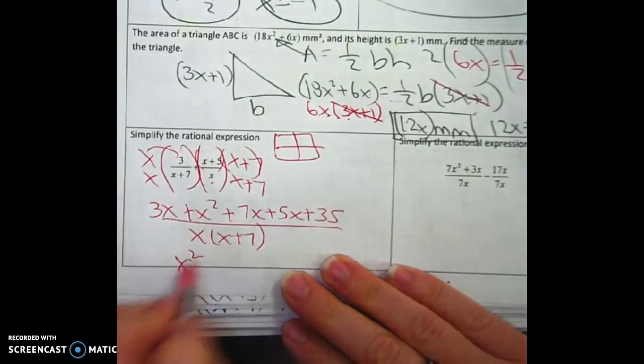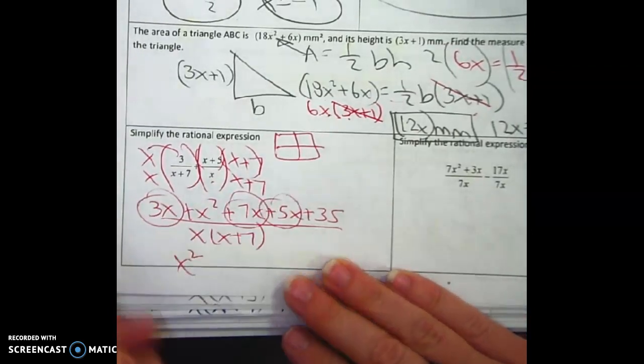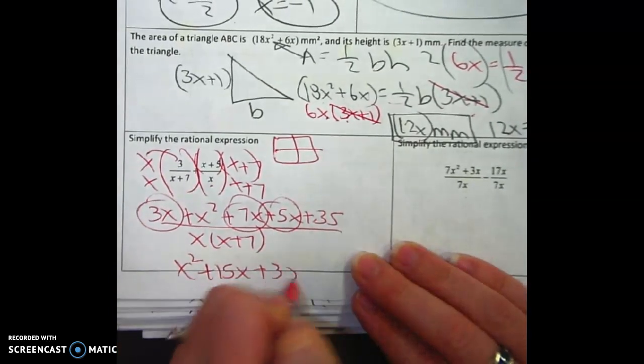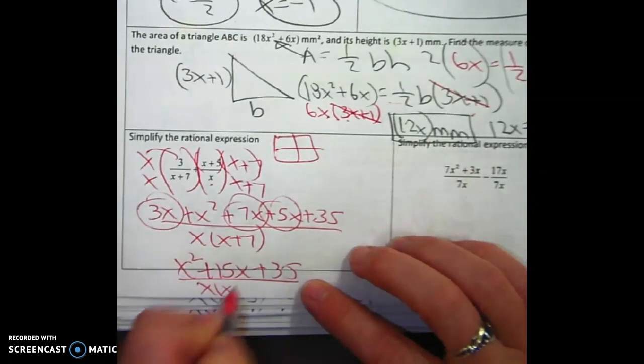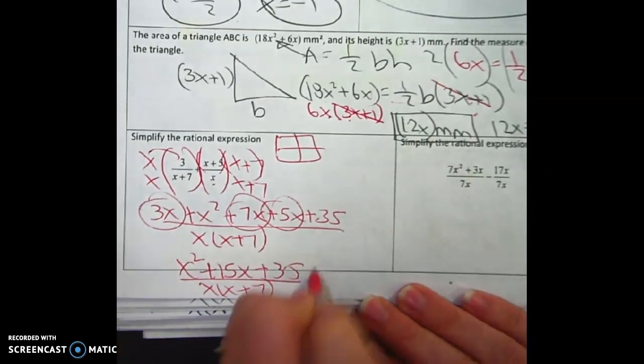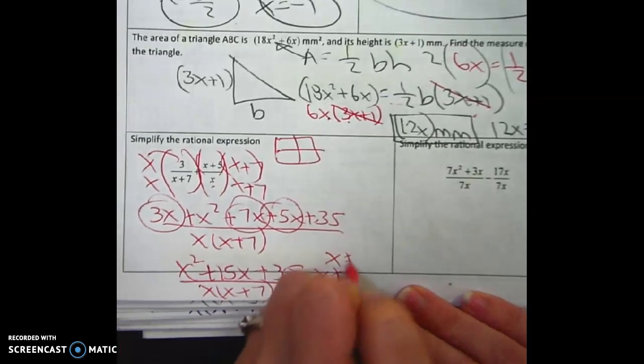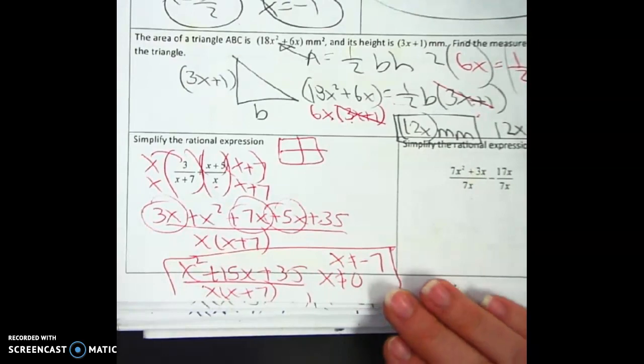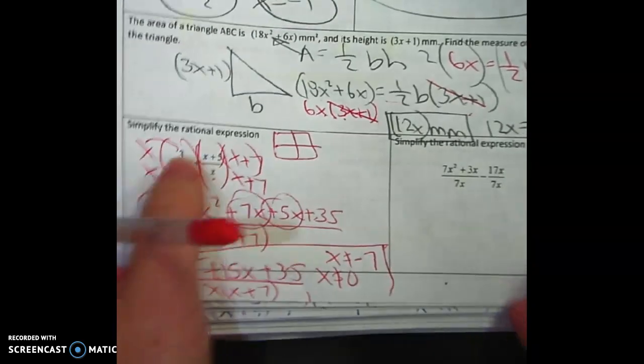Put the same together. 3x plus 7x plus 5x is 15x plus 35. I know I can't factor that. State the restrictions. And done.